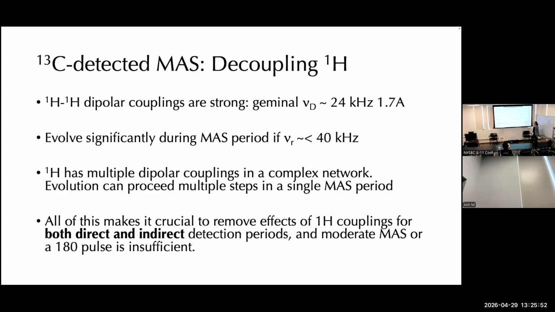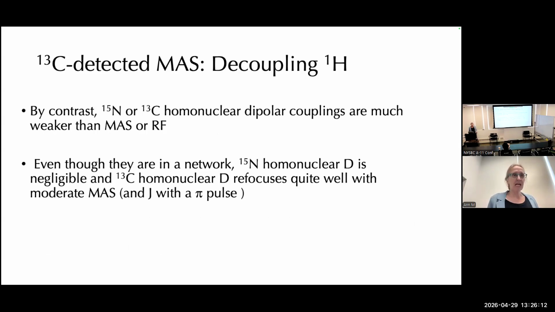So all of this makes it very crucial to remove the effects of proton couplings in the direct and the indirect nature periods. And moderate MAS or high pulse is not going to cut it. Does that make sense? The strength of the couplings and the fact that it's a whole network. And this isn't comparable, no matter what you pick for your isotopes, to what will happen for the carbon or the nitrogen.